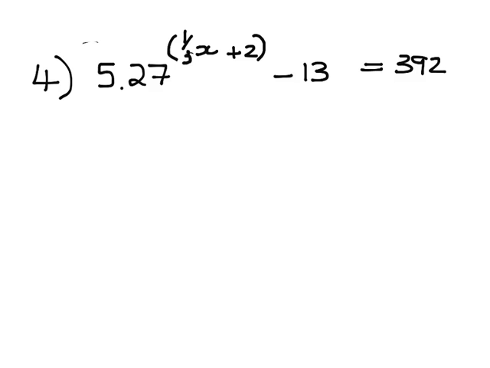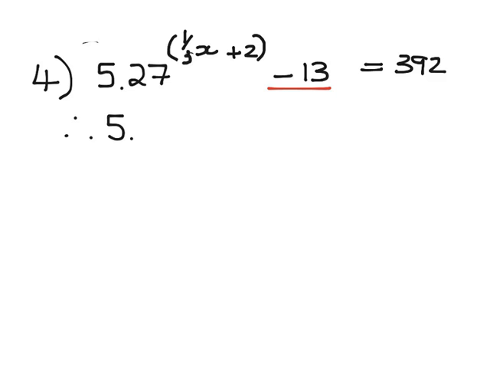combinations in one sum. So again here what we do is we first try to get rid of the term that is subtracted. So in this case we will add 13 to both sides.